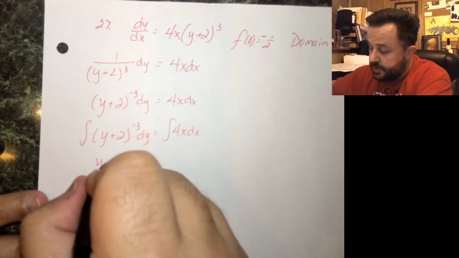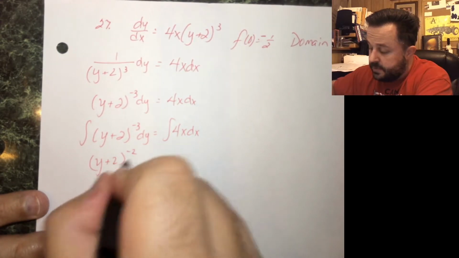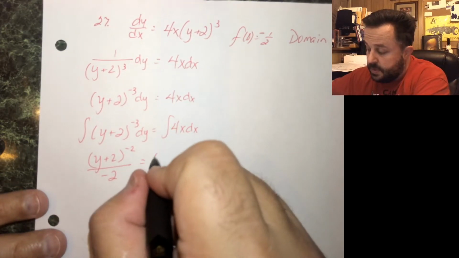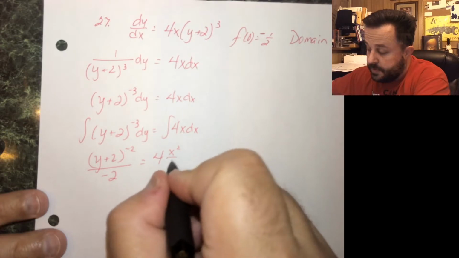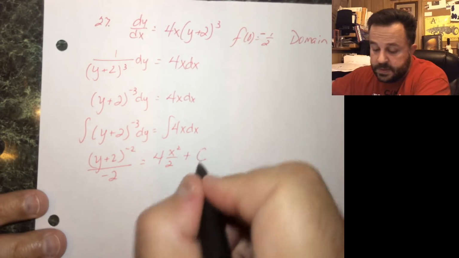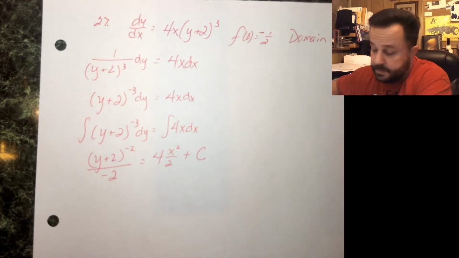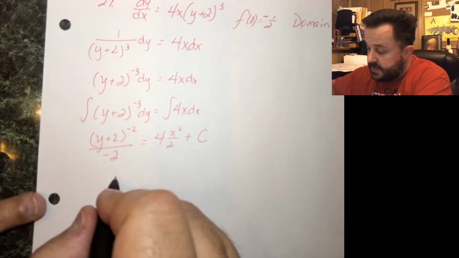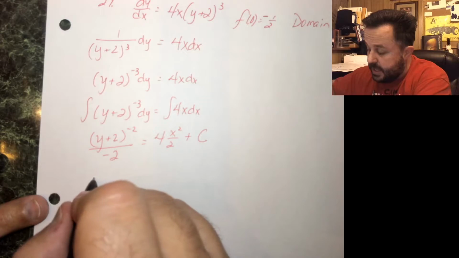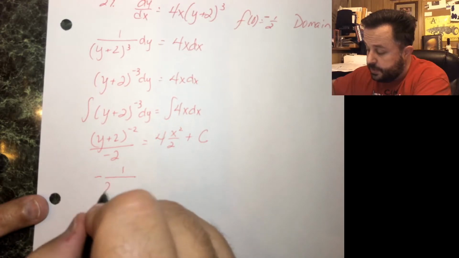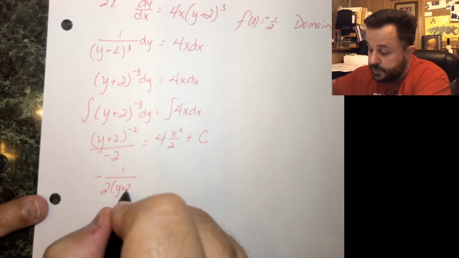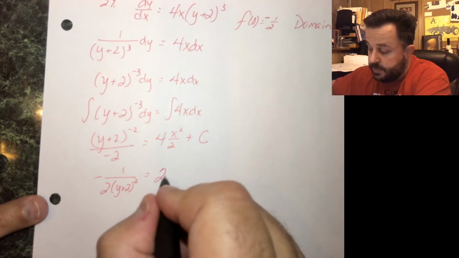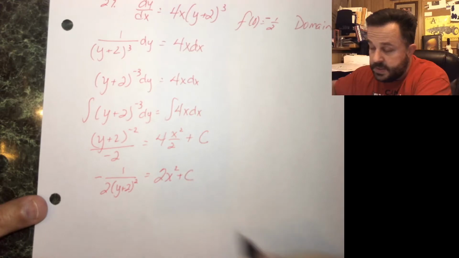So I get (y + 2) to the negative 2 over negative 2 equals 4 times x squared over 2 plus c. So on the left-hand side, I get negative 1 over 2 times (y + 2) squared equals, the 4 cancels with the 2, giving me 2x squared plus c.